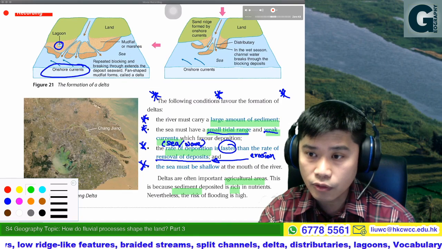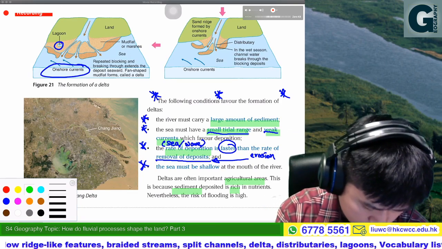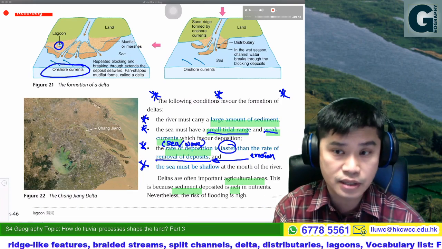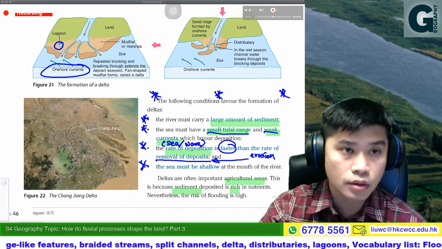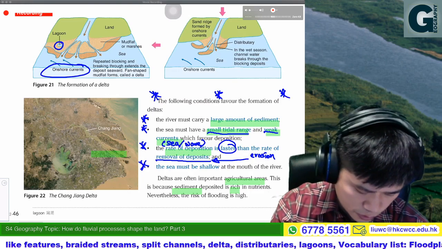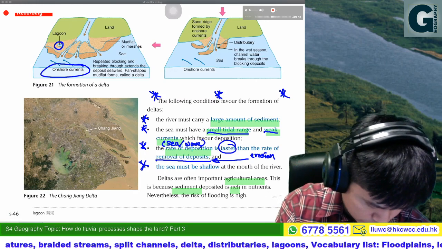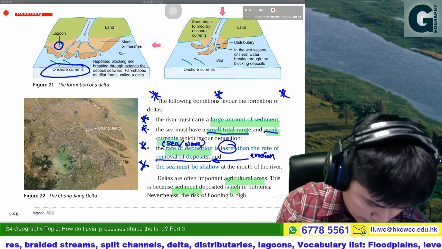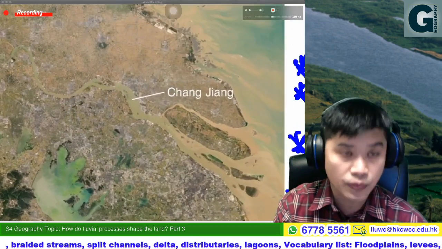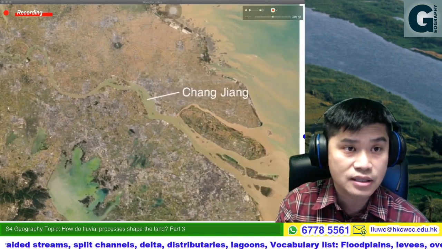Okay, so right now, let me show you some famous deltas in the world. In your textbook, you can see that. So this one would be in Changjiang.